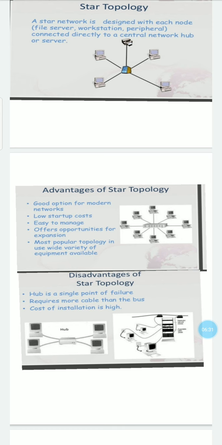The second advantage of a star topology is that it is cost effective. Star topology networks are cost effective as they use inexpensive coaxial cable. The third advantage is network control. Any changes made in the star topology are automatically accommodated.